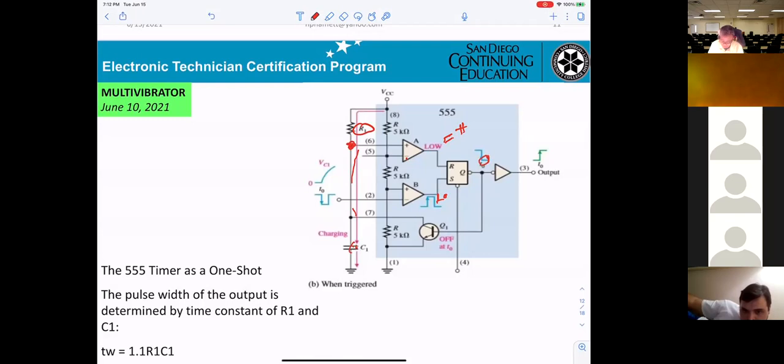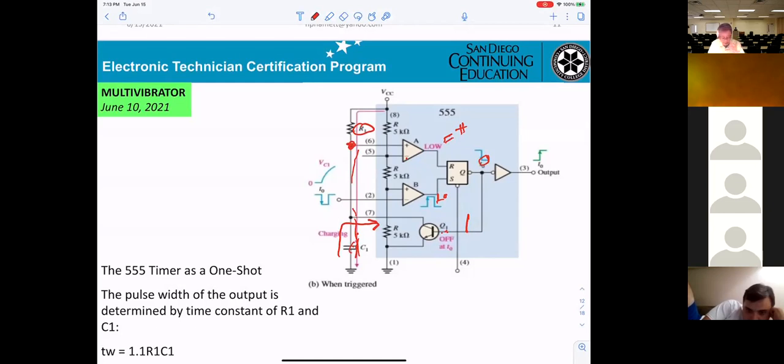When it is 0 here, it turns Q1 off, so Q1 off allows this one to keep charging. What happened if you get a logic one here? Q1 is now on. When it is on, it will discharge. That's why it keeps going that way, charging and discharging.